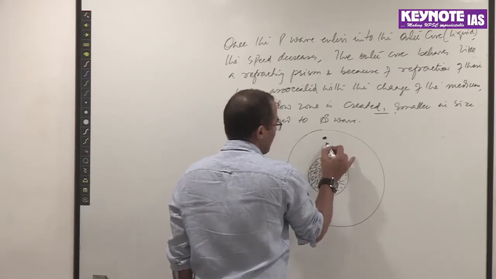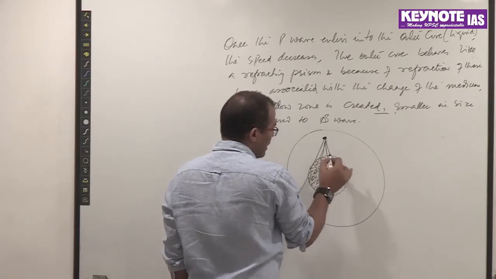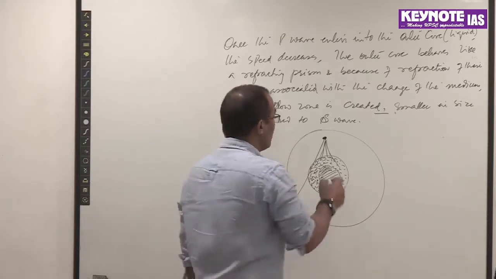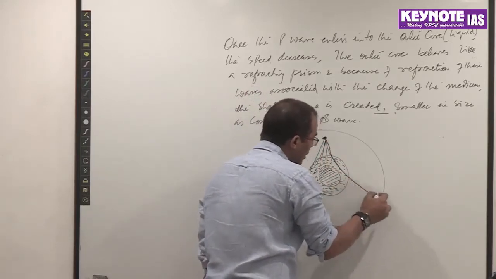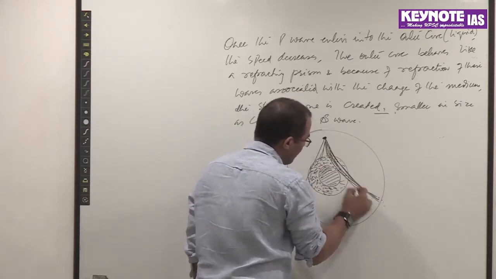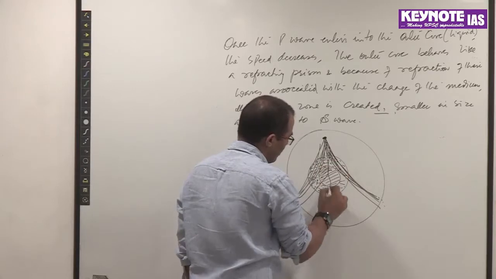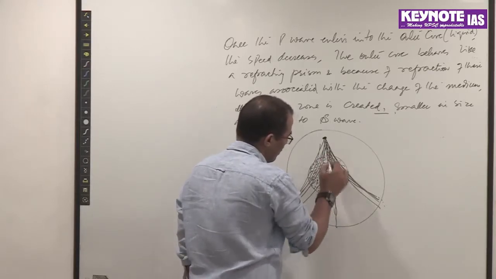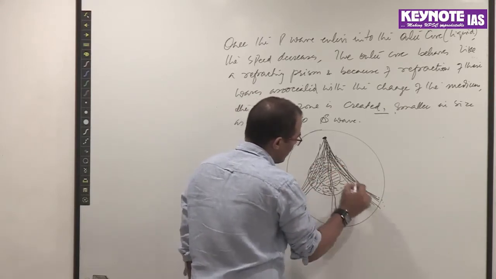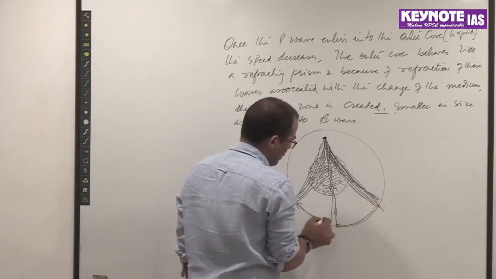When the P wave travels, it moves in all directions, but since it enters the liquid medium, that is a rarer medium, moving from denser to rarer, the waves start refracting like this. So this will be the shadow zone of P.